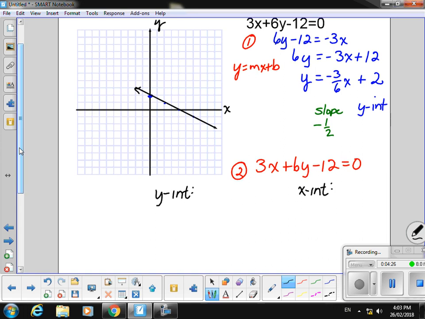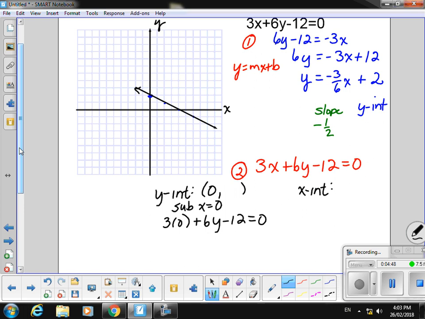For the first one, my y-intercept, I know that I'm going to have a point 0, something. So for the y-intercept, my x value is 0. So if you substitute x equals 0 into the equation of the line, you're going to have 3 times 0 plus 6y minus 12 equals 0.